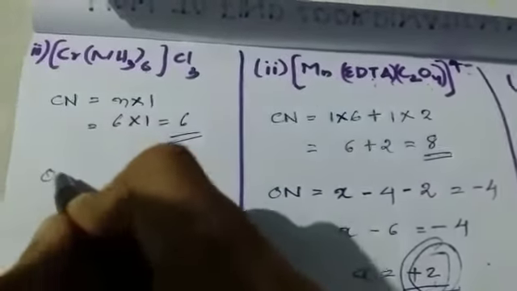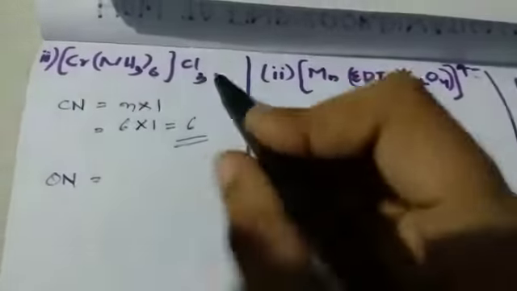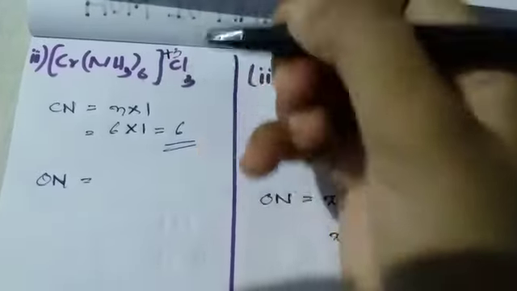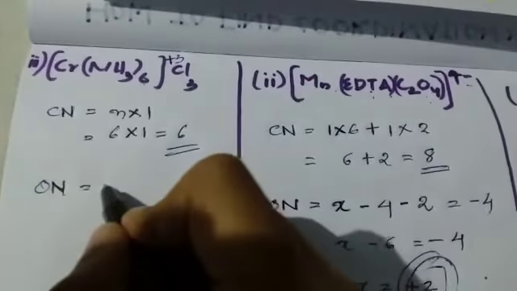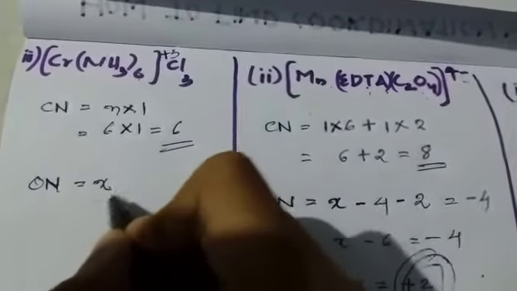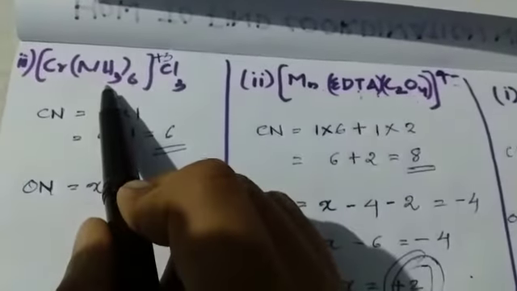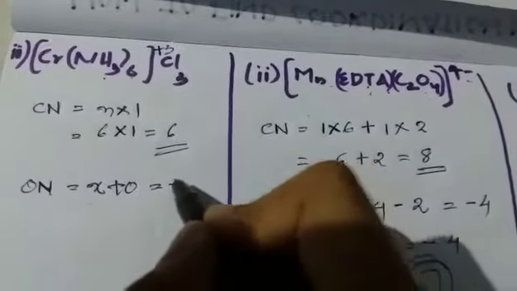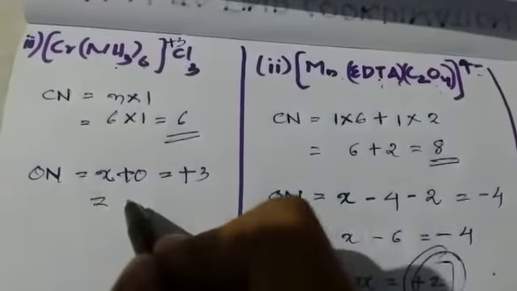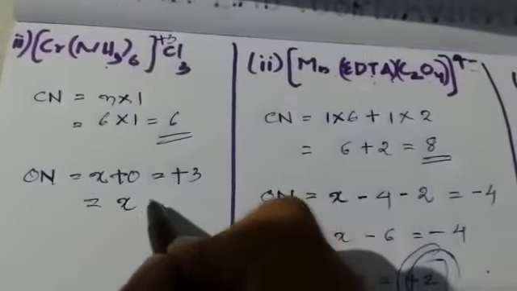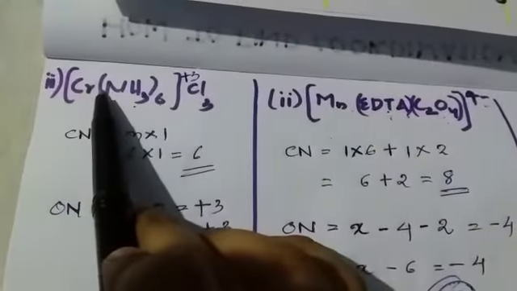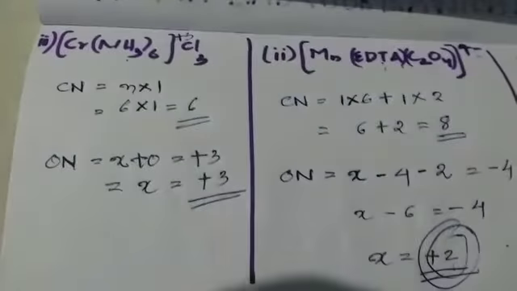For the oxidation number, here 3Cl, so this will be plus 3. We can put chromium as X, and NH3 is a neutral molecule, so no charge, plus 0, which is equal to plus 3. So X is equal to plus 3. The oxidation state of chromium is plus 3 in this complex.